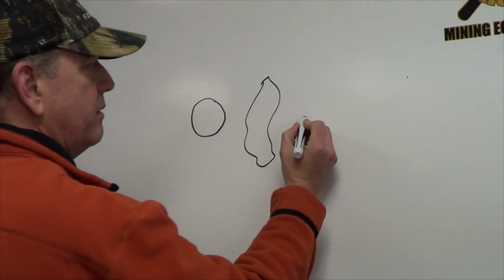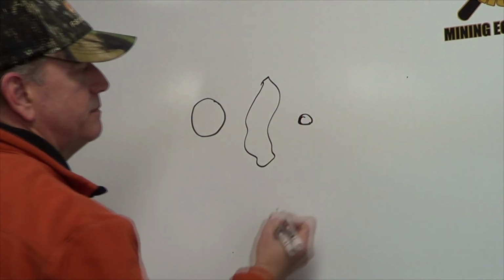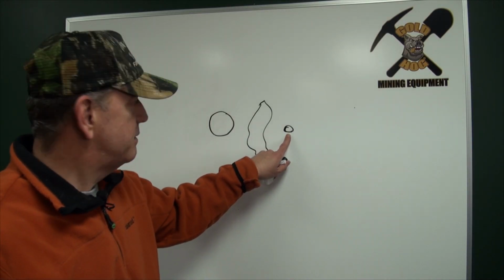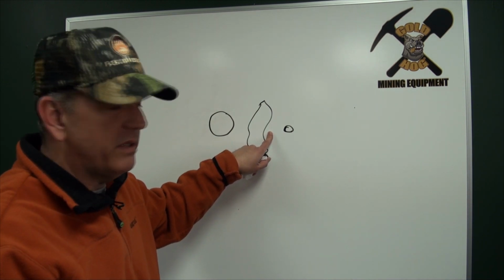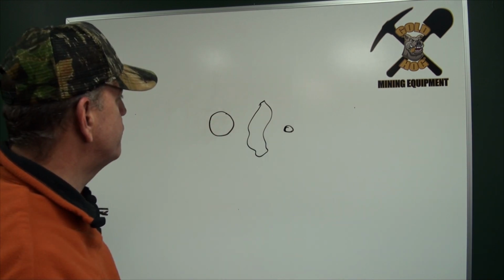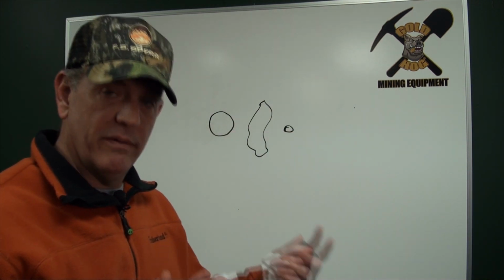Then I have a little small round gold nugget over here. I have a big flat piece of gold, totally flat. And then I have a round piece of hematite over here. Well, guess what? All three of these things are hydraulically equivalent.